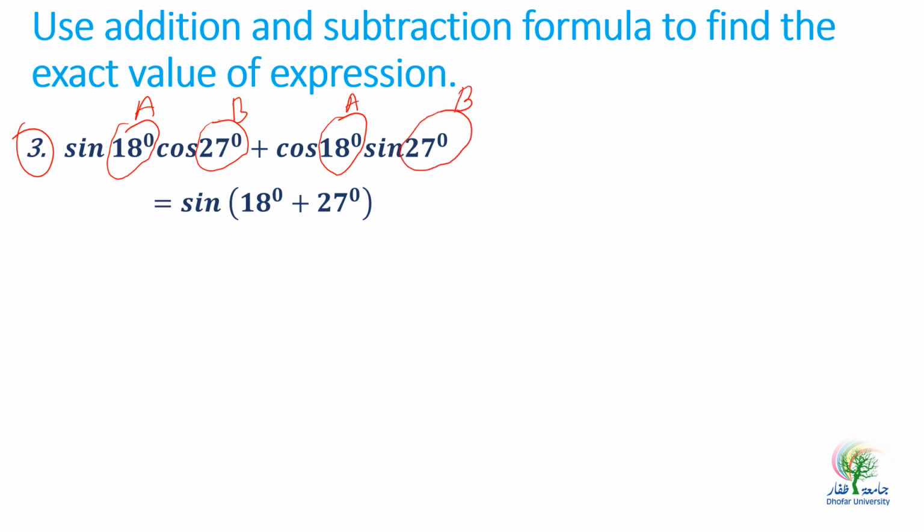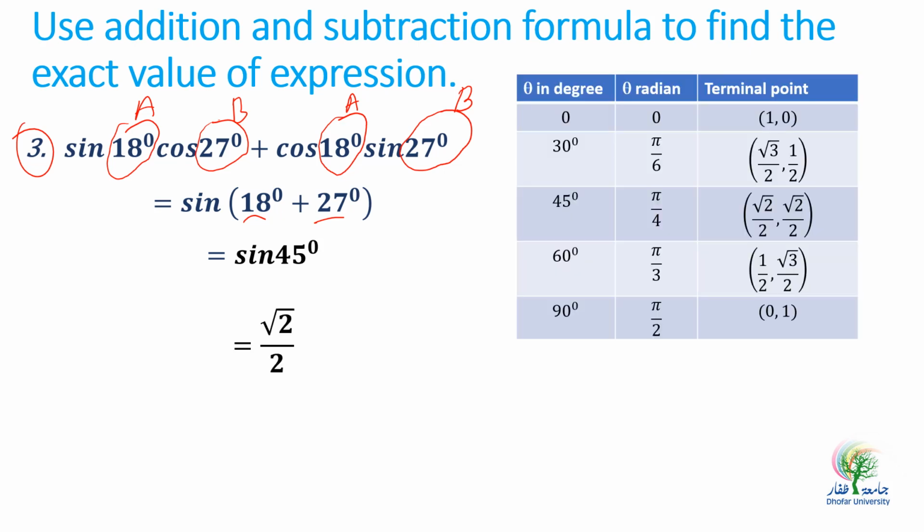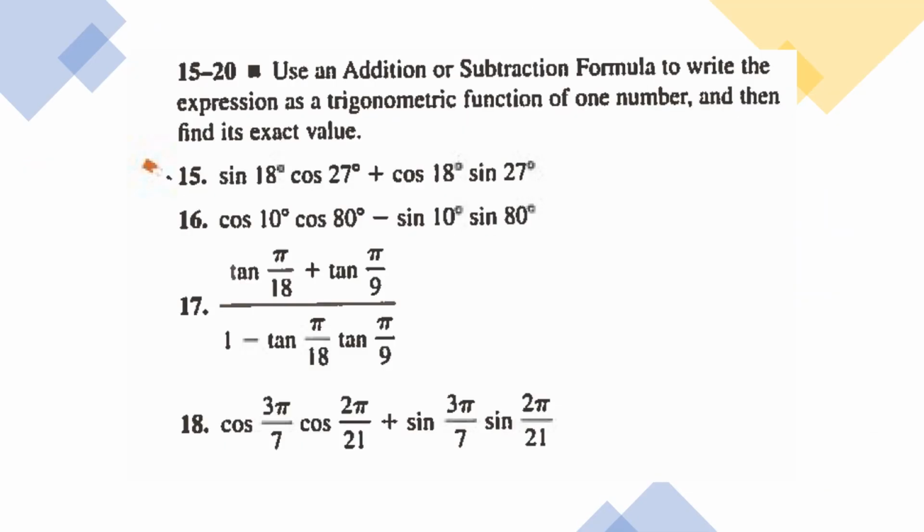So this is the formula sine A cosine B plus cosine A sine B, which is sine A plus B. So sine A plus B gives 45 degrees, and we know the table. From the table, 45 degree, the sine value is square root 2 by 2. And this is some question for practice.